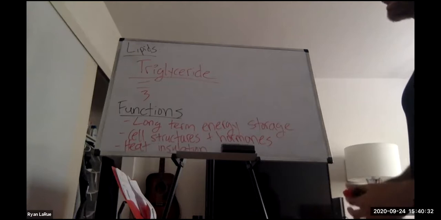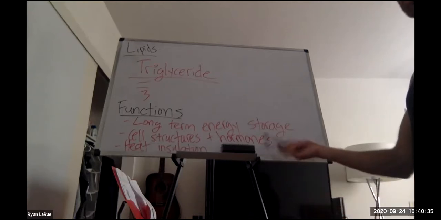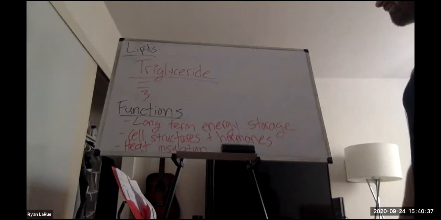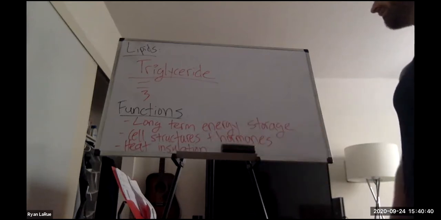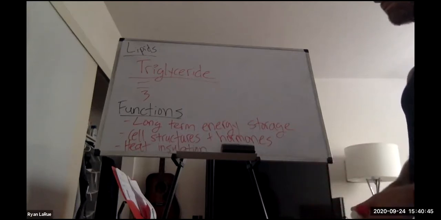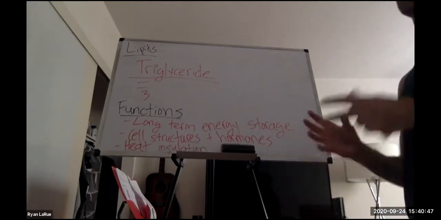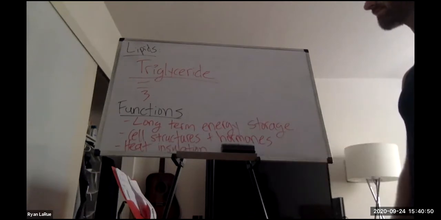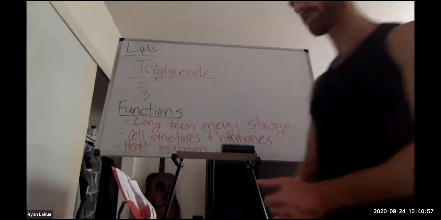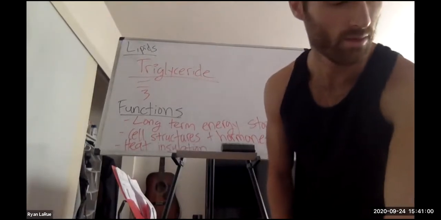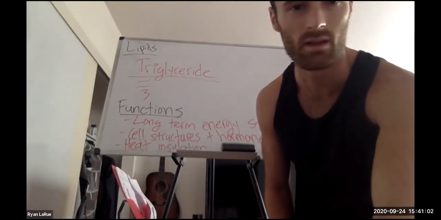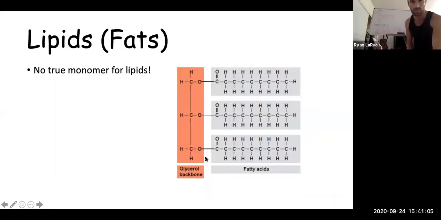And again, we're gonna see that steroid hormones, triglycerides, cell membranes, the structures of these lipid molecules look really different. There's no consistent monomer that we're talking about here. Okay. So I believe that's all I wanted to mention. Oh, we just did functions. Yay.